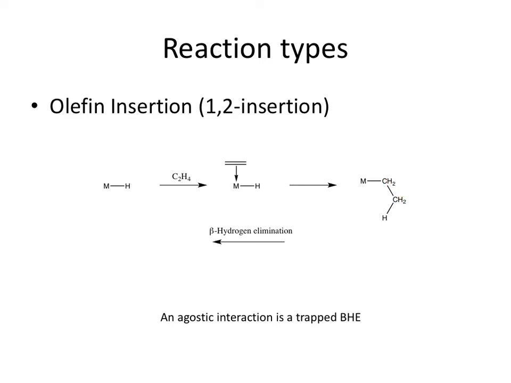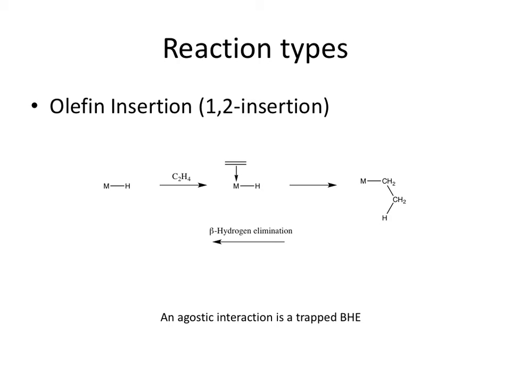So this is known as a 1-2 insertion, where the metal and the group that was on the metal are now 2 carbons apart, compared to the carbonyl insertion, where the metal and the hydrogen, or the metal alkyl, end up on the same carbon. That's a 1-1 insertion. The reverse of the carbonyl insertion reaction was the carbonyl deinsertion.